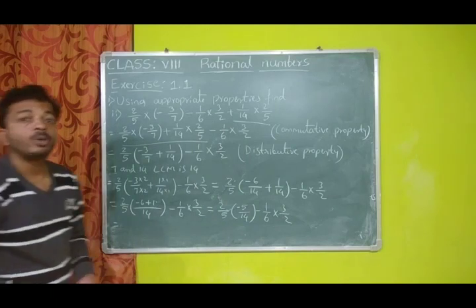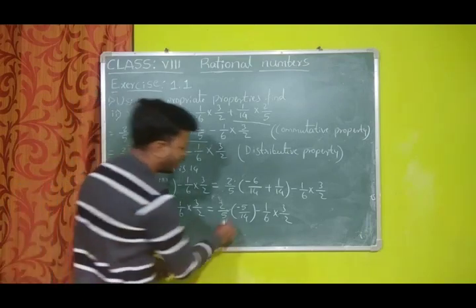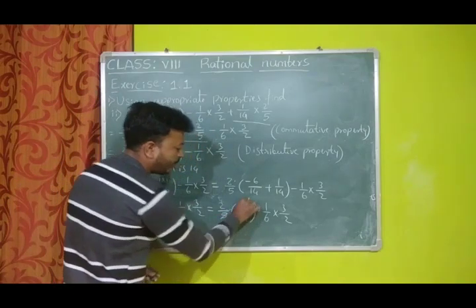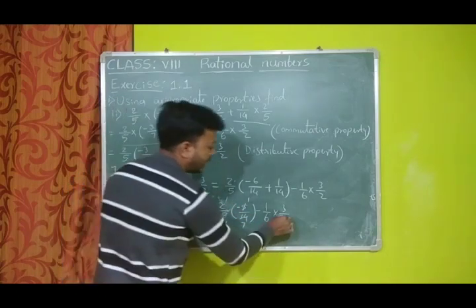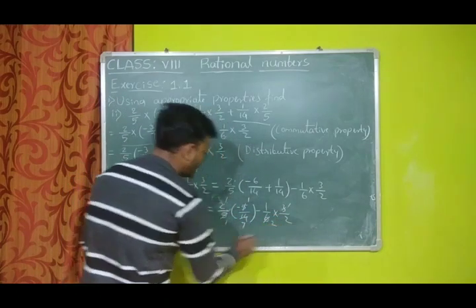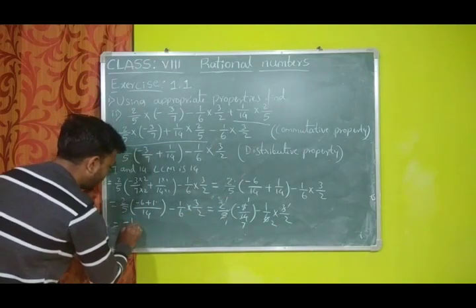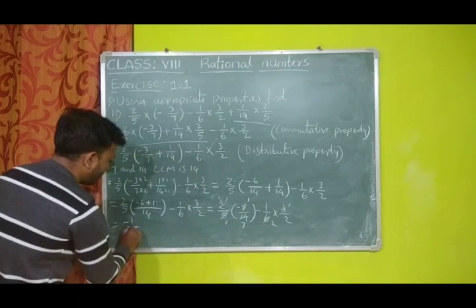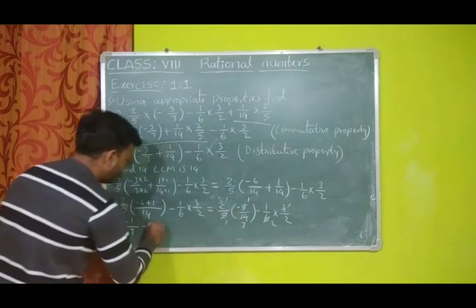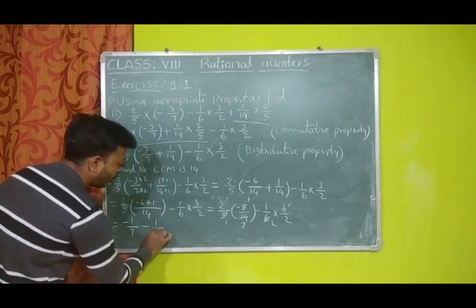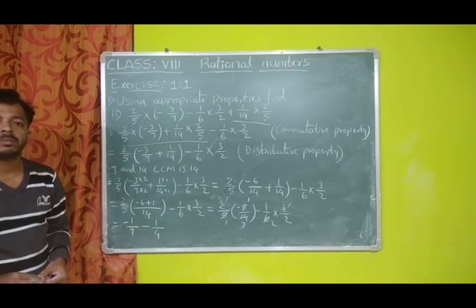Then you have to cancel the terms, numerator against denominator. Here 5 ones are 5, 5 ones are 5, and 2 ones are 2, 2 sevens are 14, and here 3 ones are 3, 3 twos are 6. So what remains? 1 into 1 is 1, minus 1 divided by 1 into 7 is 7, minus, and 1 into 1 is 1 divided by 2 into 2 is 4. So minus 1 upon 7 minus 1 upon 4.